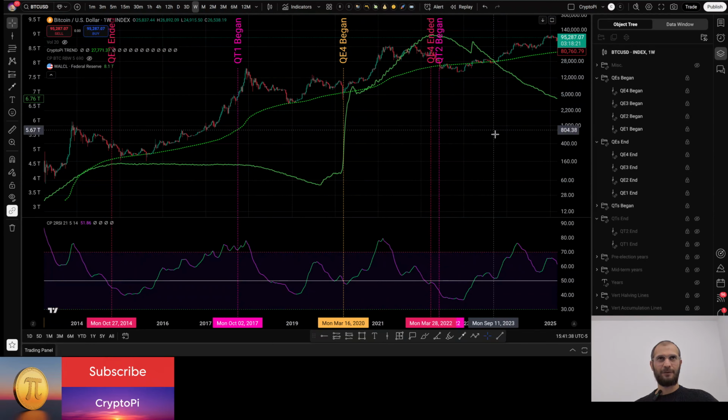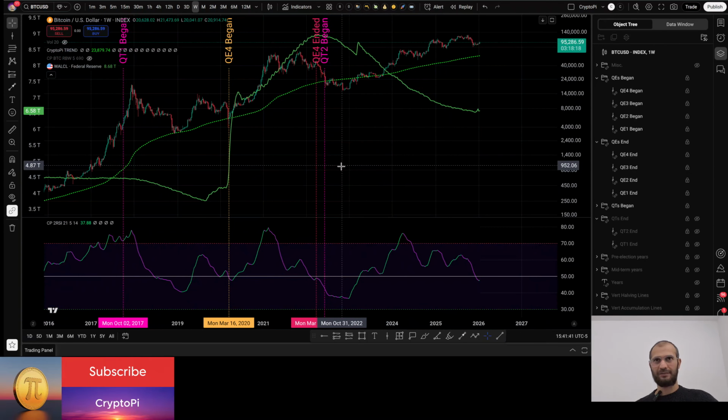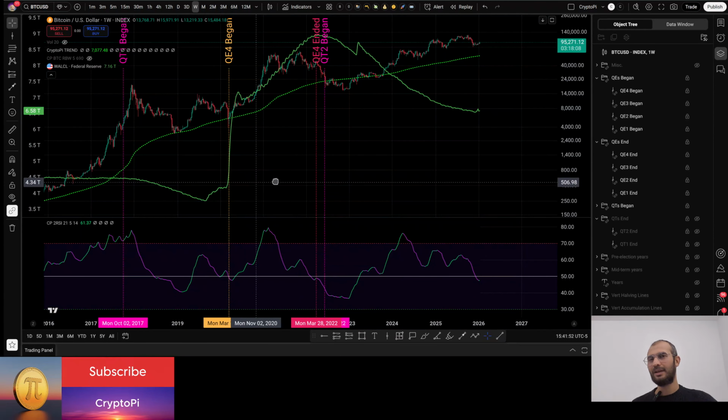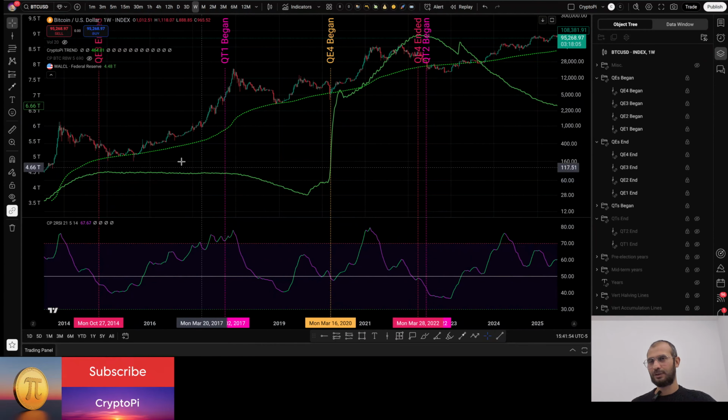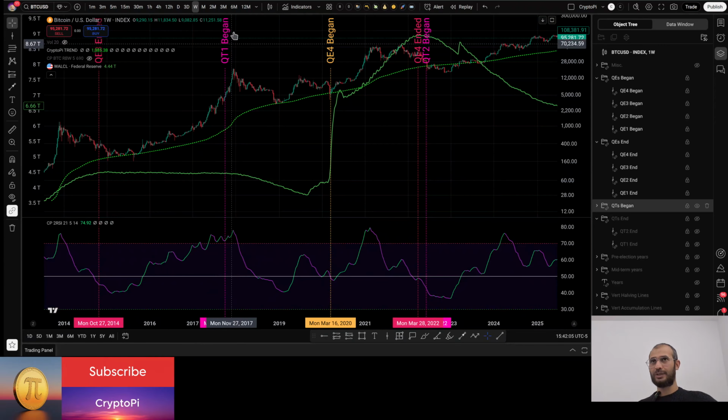The QT of the current cycle began already in June 2022, and we can see that the Fed has not been injecting money into the system. This particular cool down or maintenance phase, or whatever term is popular, lasted until 2017, and then QT began.